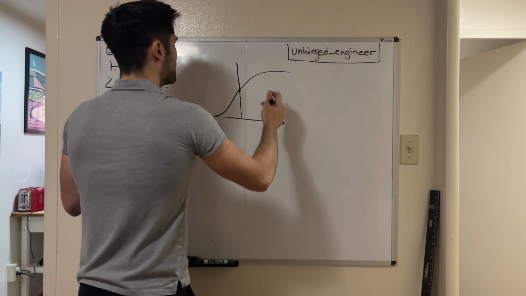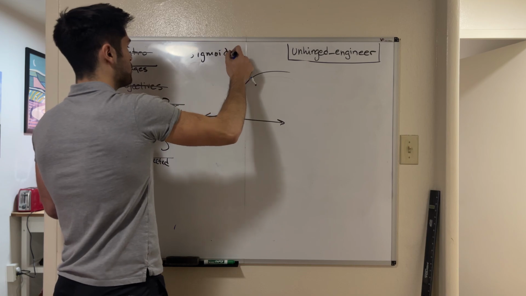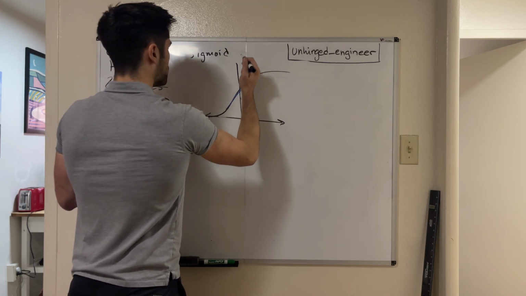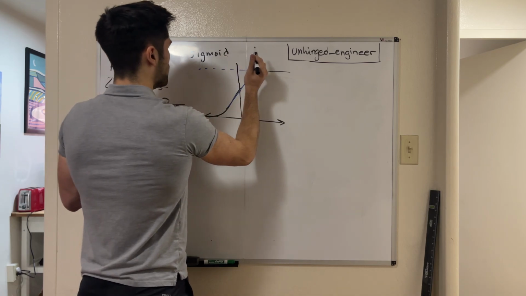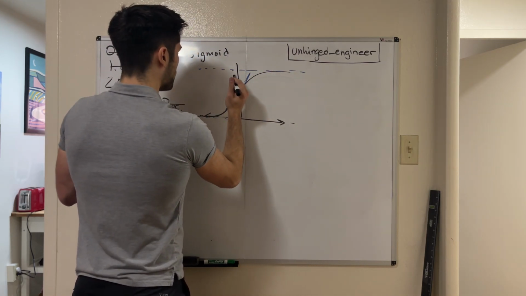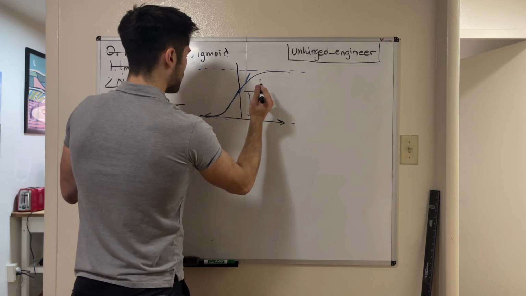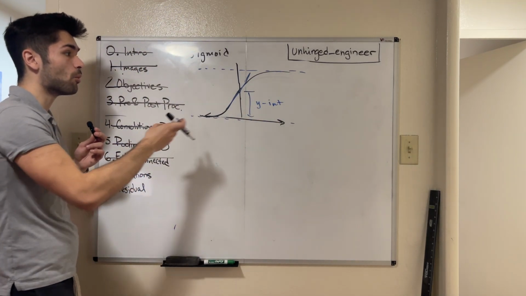There you go. That's better. So this would be a sigmoid, where you've got this almost constant slope in the middle, but then it tapers out at the top and the bottom. And you can shift this y-intercept accordingly. Okay, so that's a sigmoid activation.